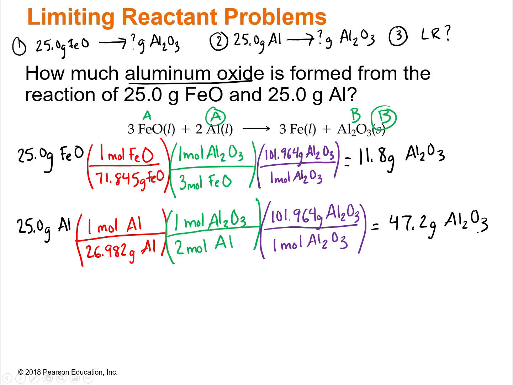So we've got our two answers to choose from. We're either going to make 11.8 grams or 47.2 grams. So which one is it for this limiting reactant problem? We're going to make 11.8 grams.